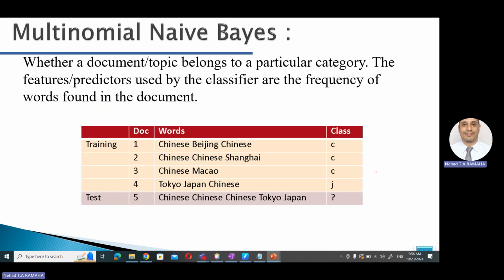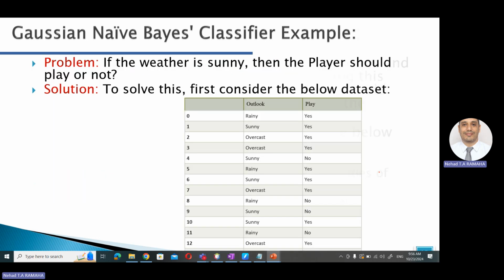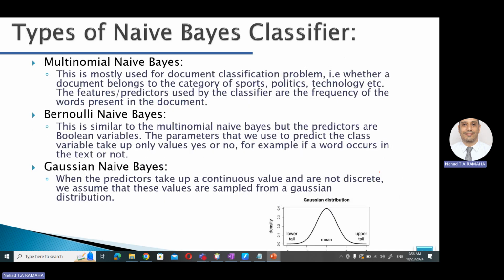Okay. Let's take this one. Let's return here. We mentioned here that we have 3 types of naive Bayes or Bayes classifier: multidimensional naive Bayes classifier, Bernoulli naive Bayes classifier, Gaussian, or multinomial.